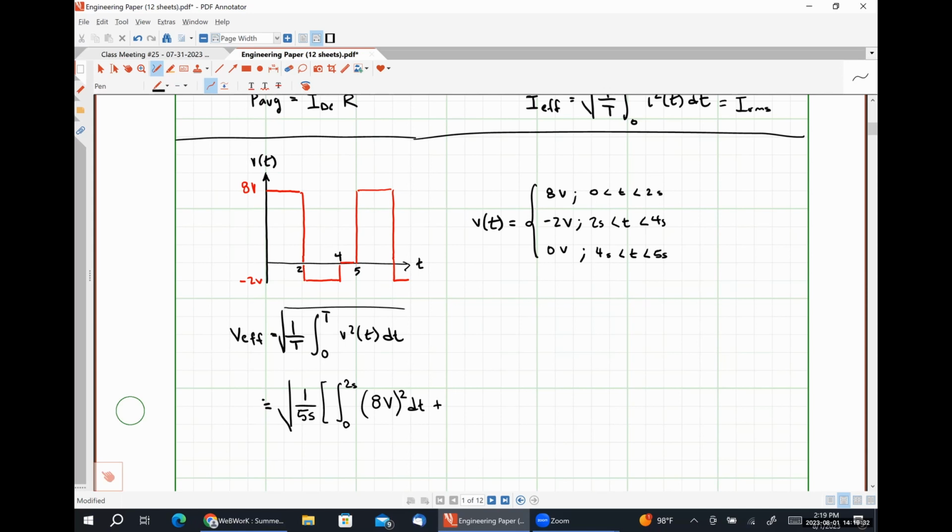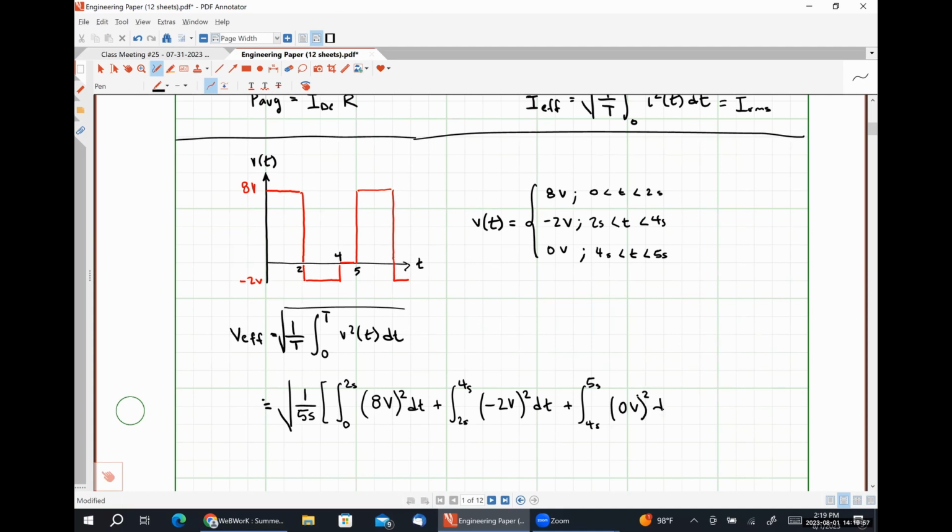My second interval is from 2 seconds to 4 seconds. The value of my voltage is -2 volts squared dt. And then my third interval is from 4 seconds to 5 seconds. The value of my voltage is 0 volts.